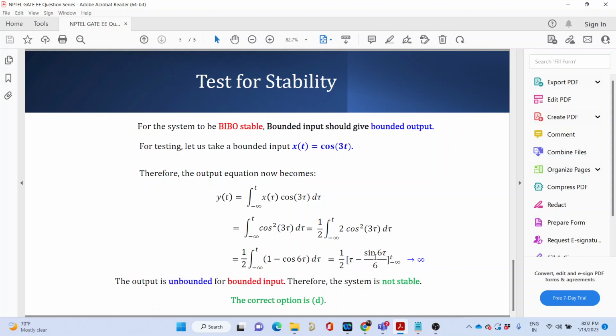So tau minus sine 6 tau divided by 6 within the limits minus infinity to t. Now you see there is this t, if we replace that with minus infinity, this entire term goes to minus infinity. So the system is not stable, because even if we give a bounded input, it is giving an unbounded output. Okay, the correct option is D.